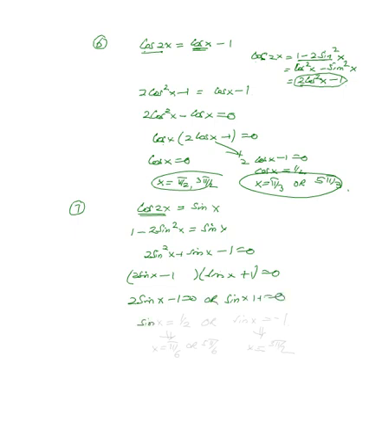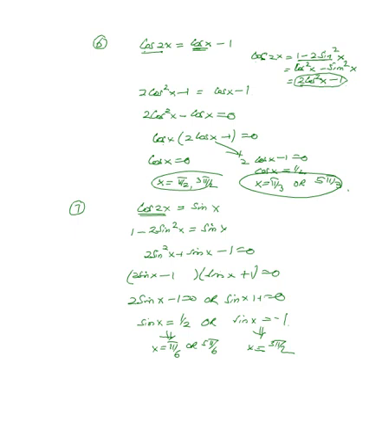So sine of x is either 1/2 or sine of x is -1. So from here we will get x is either pi over 6 or 5 pi over 6. From here we could say x equals 3 pi over 2.